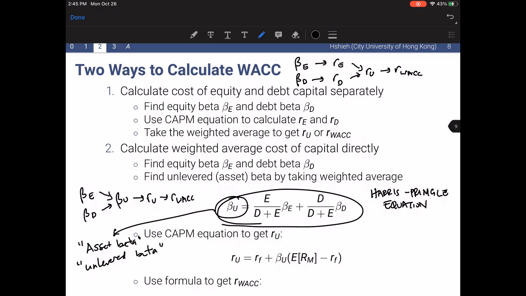So in other words, this beta represents the entirety of the firm, whereas beta E is going to be levered because the beta is calculated from prices of securities that have already been net of liabilities. Okay, so I'm going to write levered beta here because it reflects debt borrowing already.